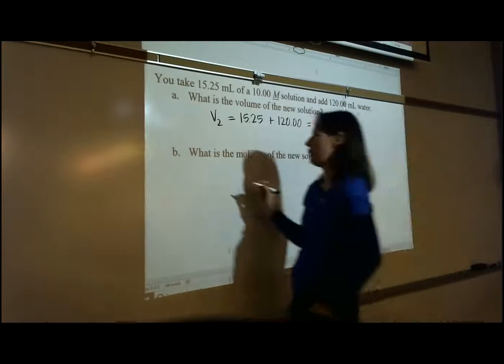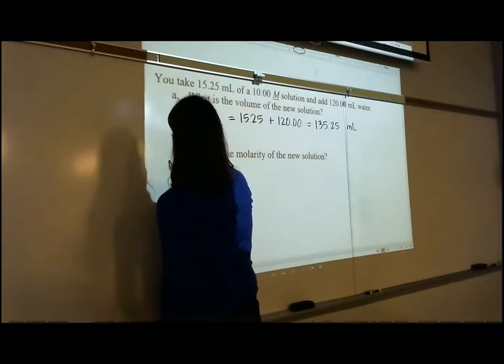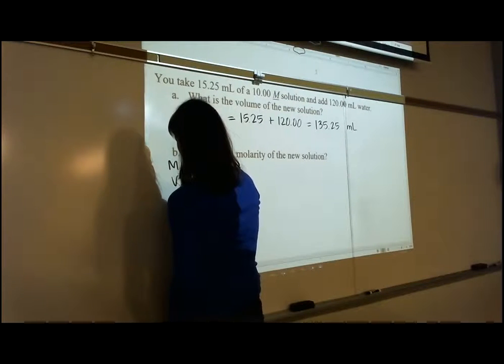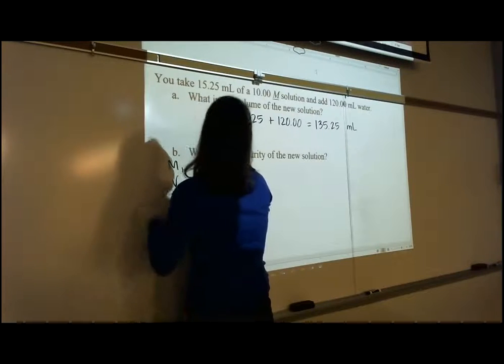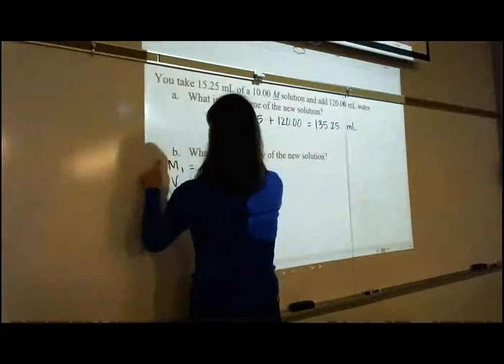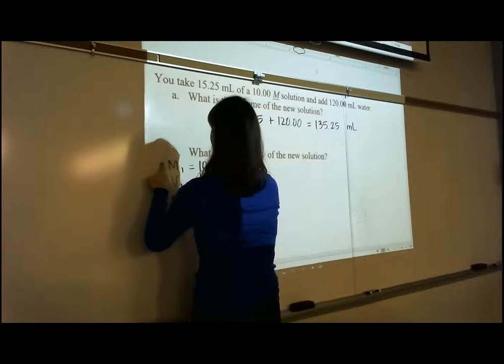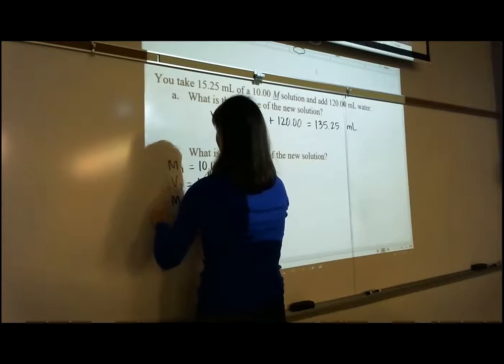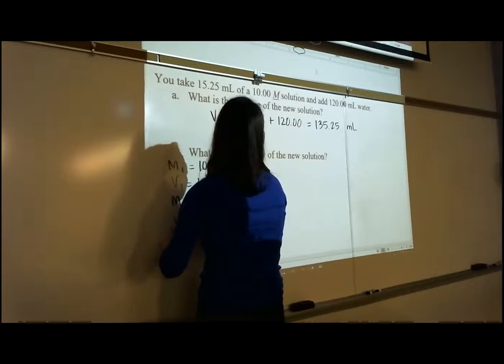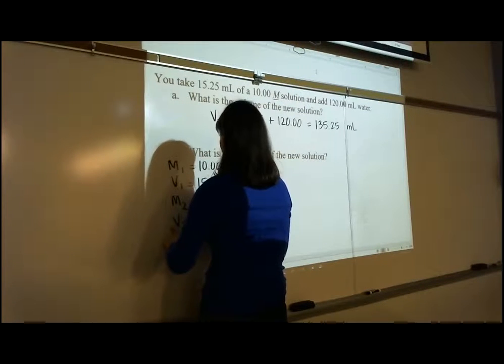That's where we have to use M1V1, right? We've got M1, V1, M2, V2. So M1 is 10 molar. V1 is 15.25. M2 is what we want. V2 is 135.25.